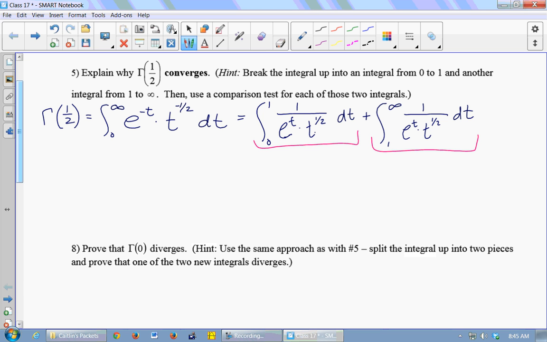We'll look at this one first. 1 over e to the t times t to the 1/2. All right, so I'm trying to prove that this converges, right? So I need to show that that integrand is smaller than something else that we already know converges. Okay, so what could we compare it to that we know already converges, and my integrand, this guy, is smaller than it?